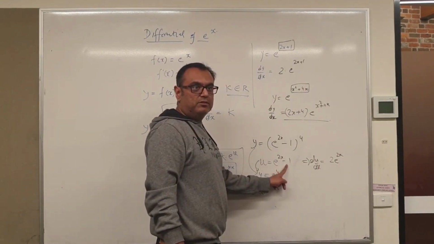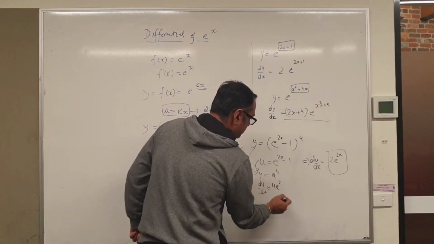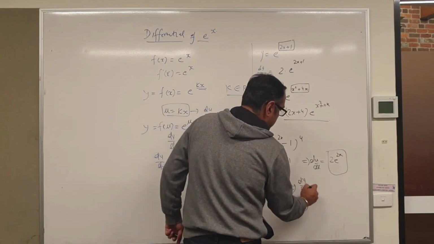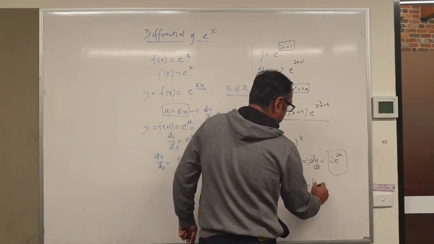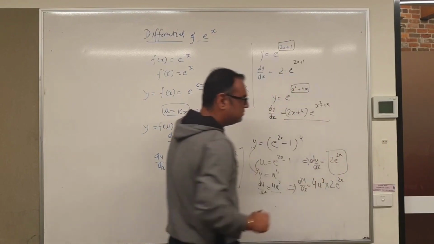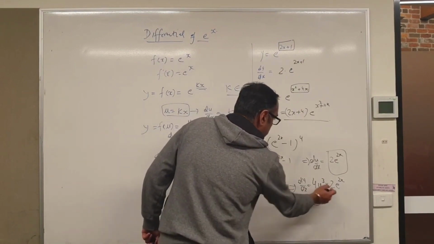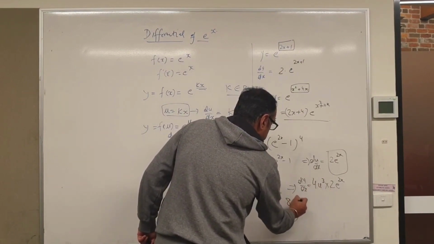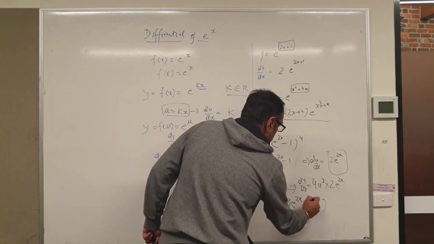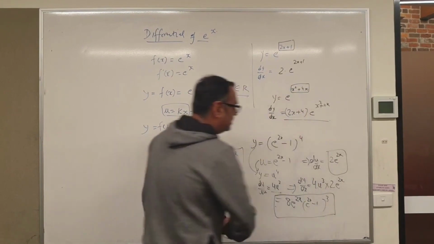This is du by dx, and the other is dy by du. When you multiply both of them, your dy by dx is 4u cubed times 2e raised to the power of 2x, and then you sub your u back. So your final answer is 8e raised to the power of 2x, times e raised to the power of 2x minus 1, all cubed. That's your final answer.